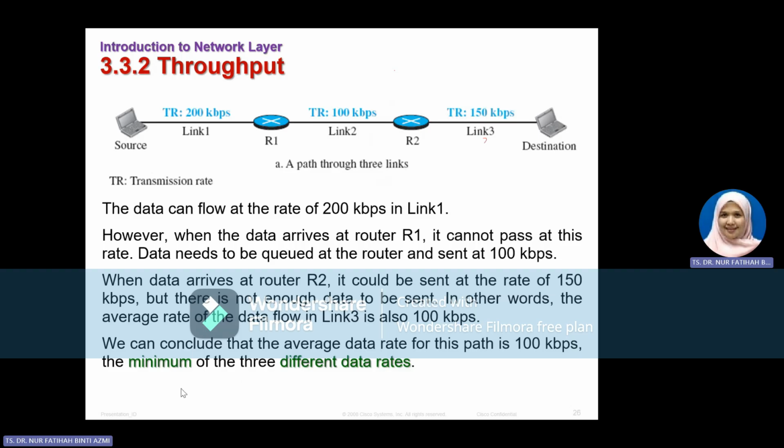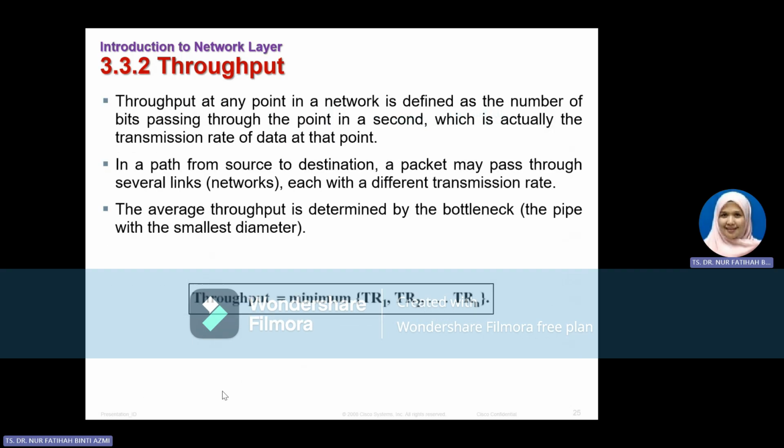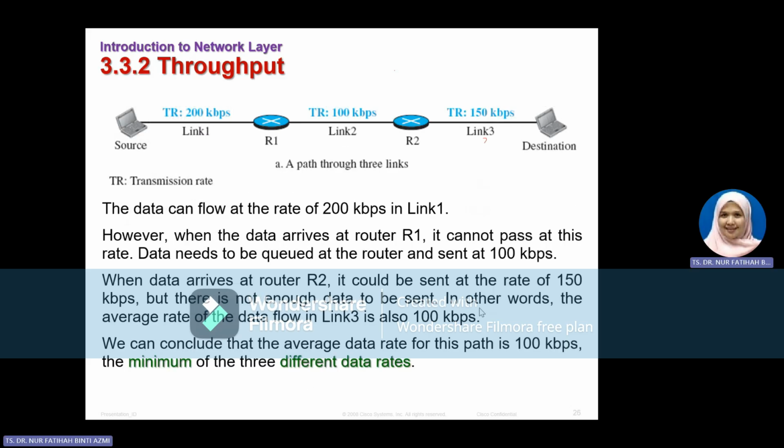So for the throughput, let's see this example. This is the concept of throughput, which refers to the actual rate at which data is successfully transmitted from the source to the destination.